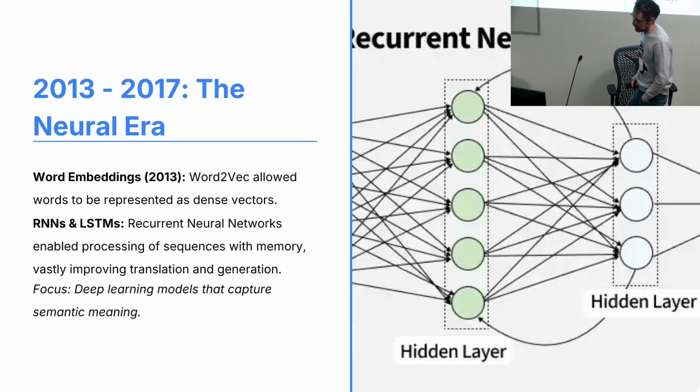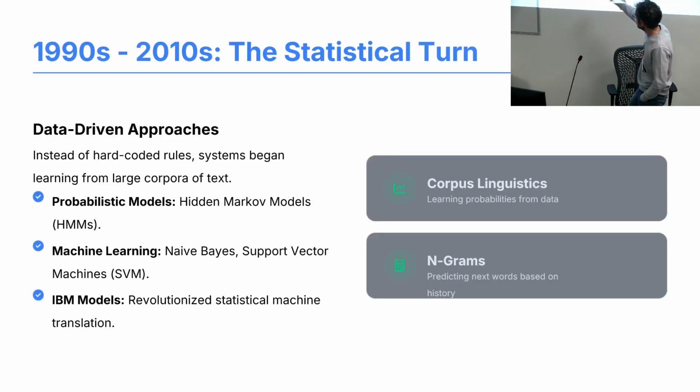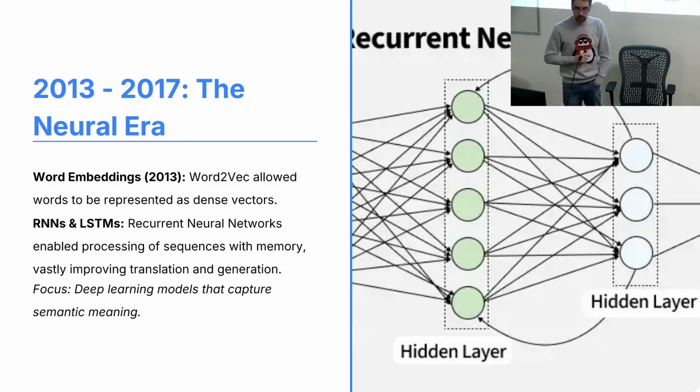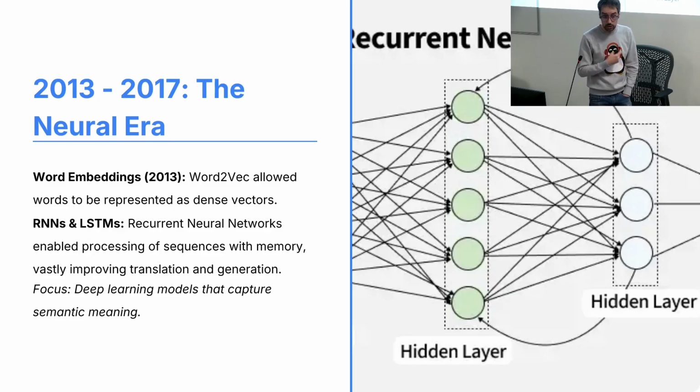This enabled the usage of neural networks instead of purely statistical approaches to learn not only the syntax of a language, but also the semantics. That is always the most difficult thing.